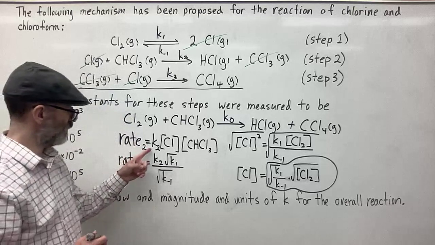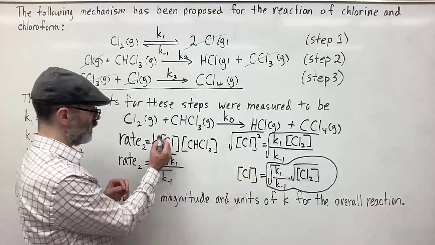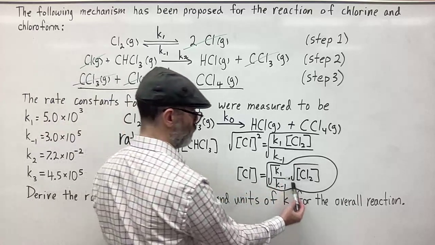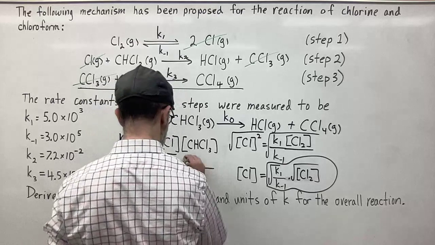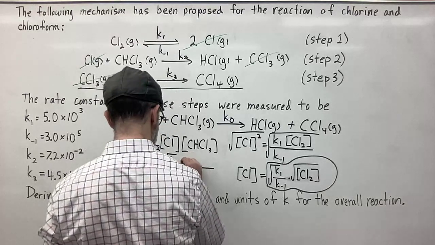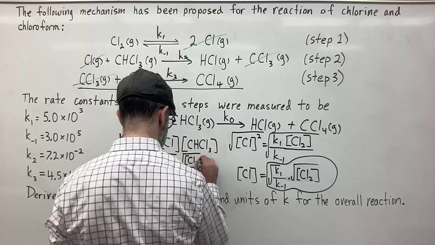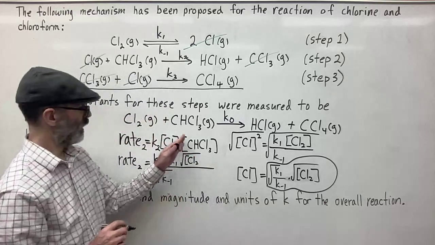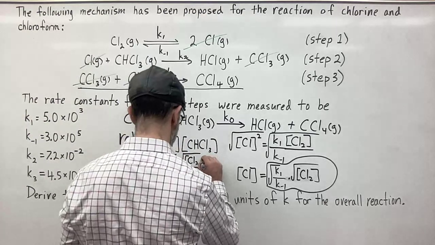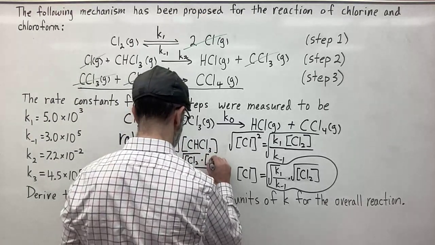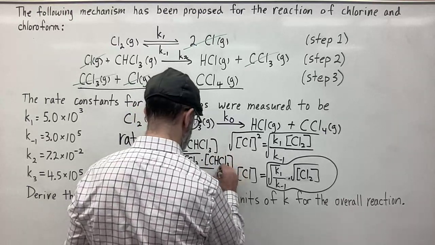Okay, so I got that set up here. So that's added to that. And now instead of Cl, I'm going to have the square root of Cl2. So then I'm going to have the square root of the concentration of Cl2 times the concentration of chloroform, CHCl3.